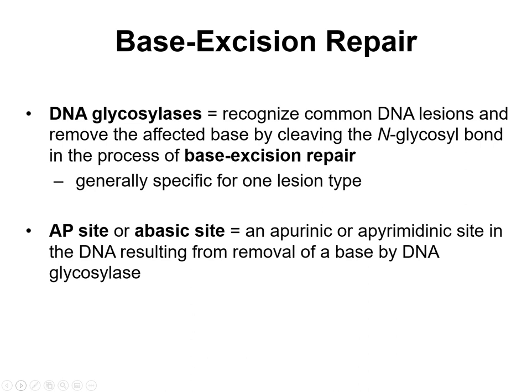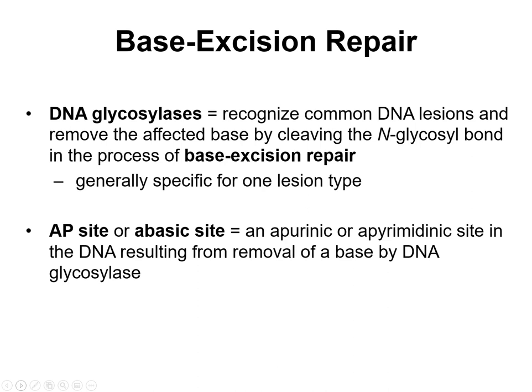Another type of DNA repair is base excision repair. And this requires DNA glycosylases. They recognize lesions and remove the affected base. They just leave part of the phosphodiester bond. So they remove the base, but the sugar and the phosphate are still there.